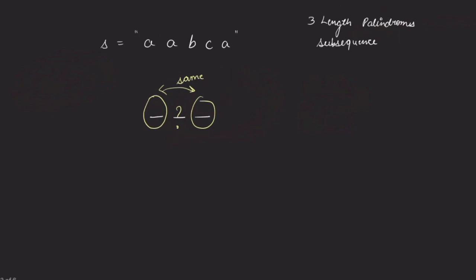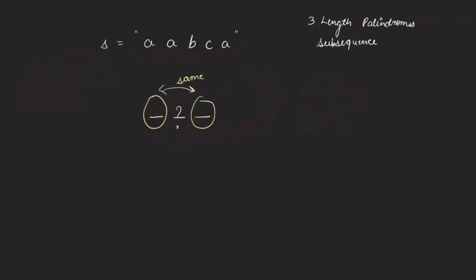So this is one observation that we need to consider. What I can do is that in my string S, I can identify two indices where the character is the same. And I can see that between those two indices, what are the unique characters, the number of unique characters that we can have. That will give me the number of 3 length palindromic subsequences starting and ending with this particular character.